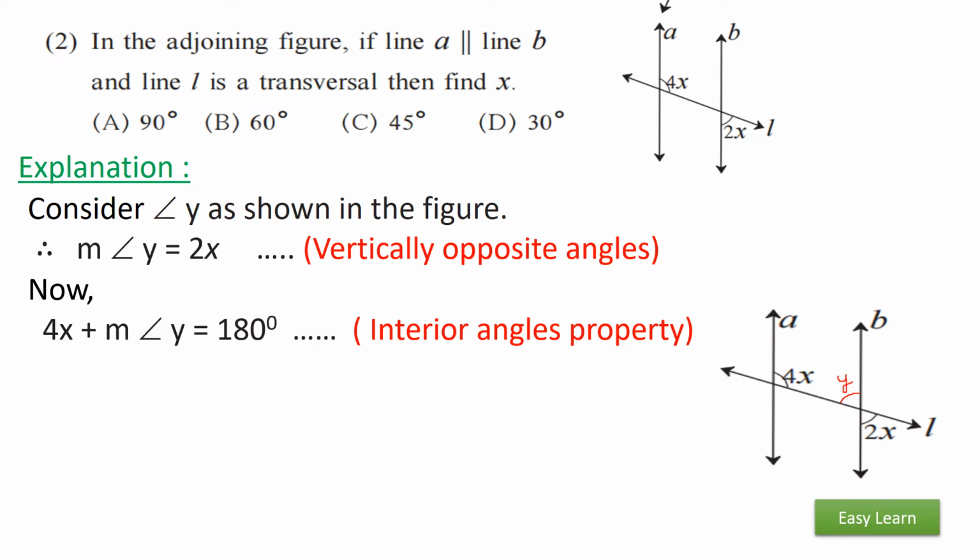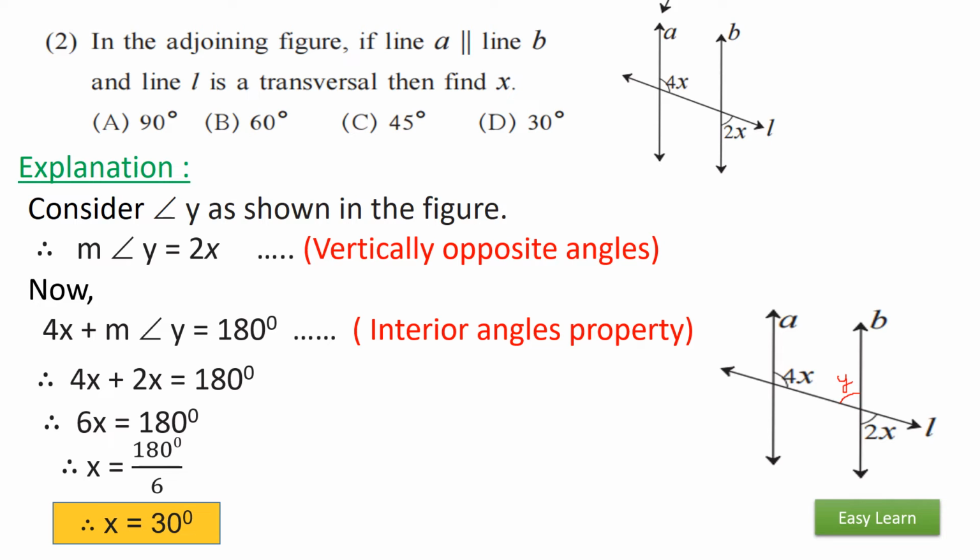Now, 4x plus measure angle y is equal to 180 degree, interior angles property. Therefore, 4x plus 2x is equal to 180 degree. Therefore, 6x is equal to 180 degree. Therefore, x is equal to 180 degree divided by 6. Therefore, x is equal to 30 degree.